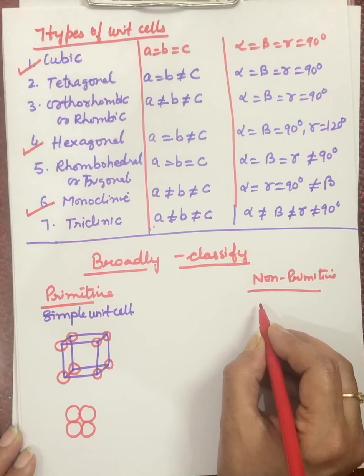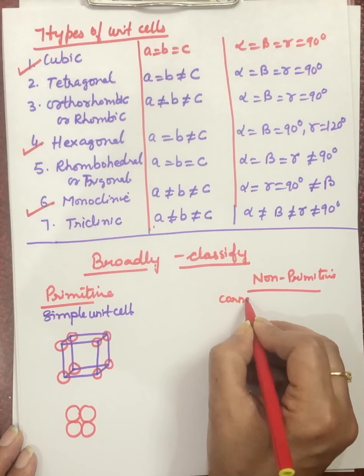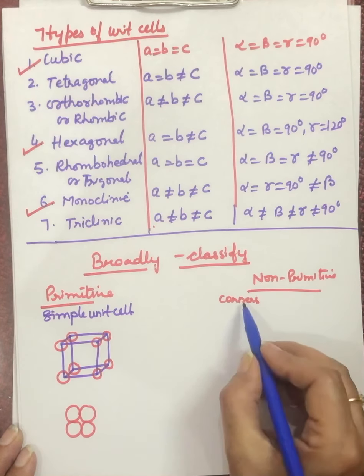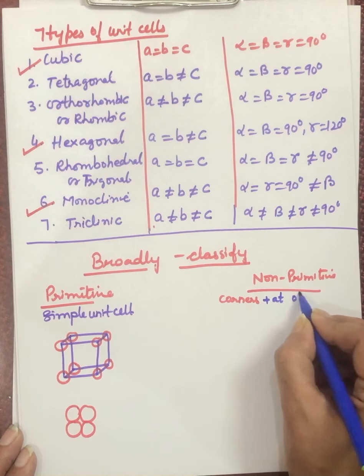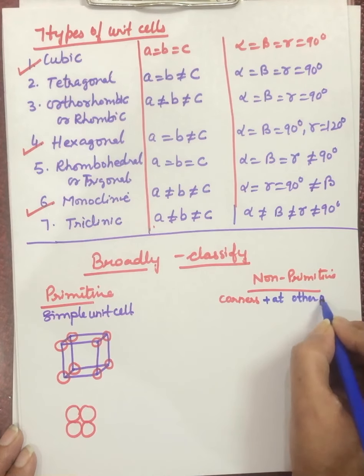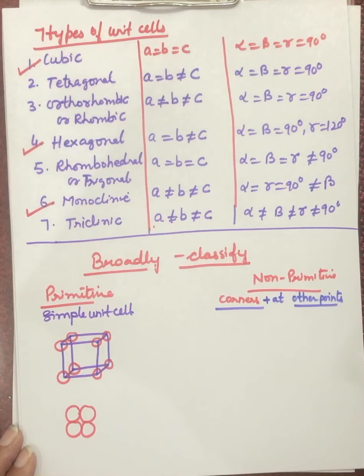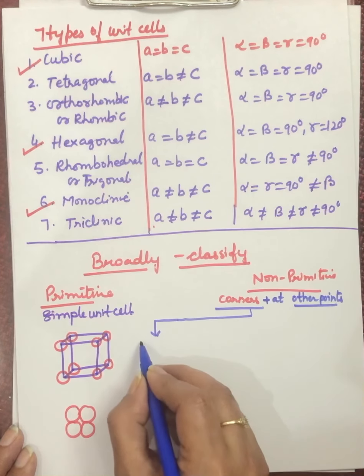While non-primitive unit cell is one where particles are at the corners, because there will be particles always at the corner of a unit cell, no matter which kind of unit cell we are doing. Particles will always be at corner plus at other points also. If we have that, then that unit cell is known as non-primitive unit cell. Non-primitive unit cells further are of 3 types.